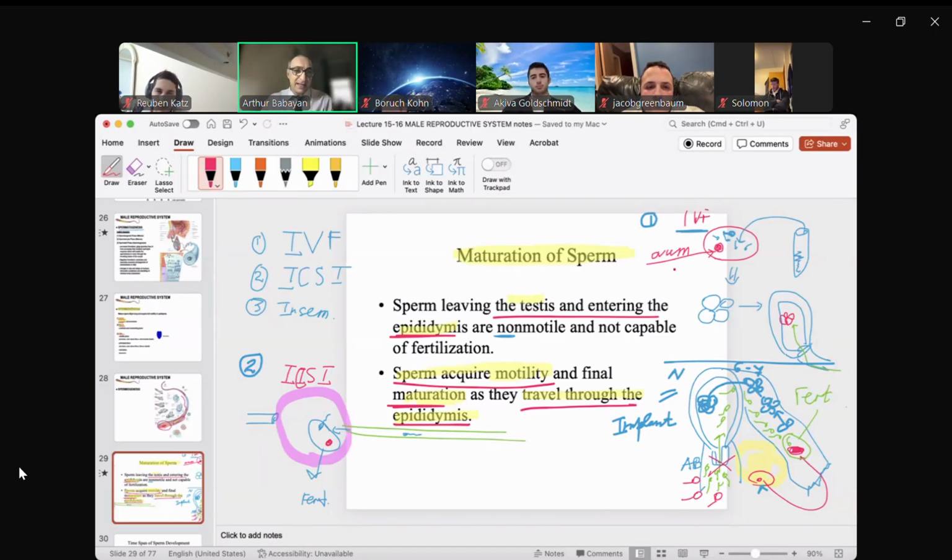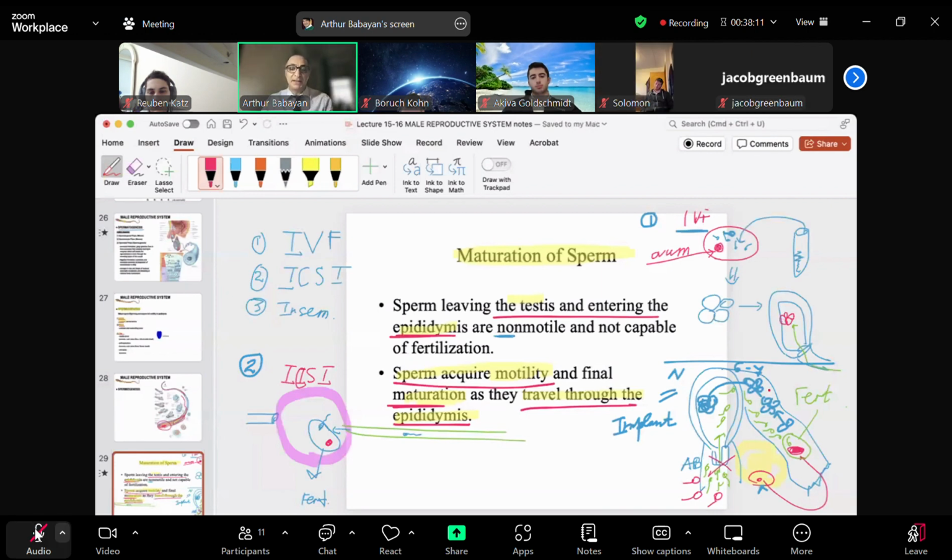After 4 days, the zygote at the 4-cell stage is taken with a catheter and transferred to the uterine cavity, and the process of implantation happens.